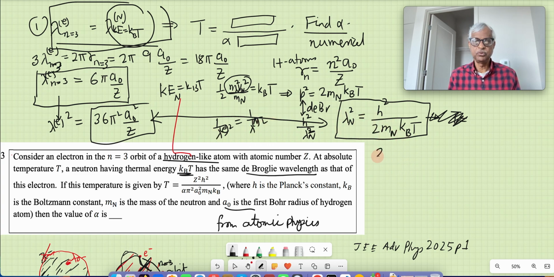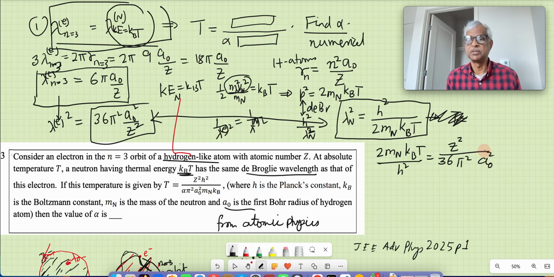So 2 mn kBT over h square equals, I forgot the square here, Z square over 36 pi square a0 square.